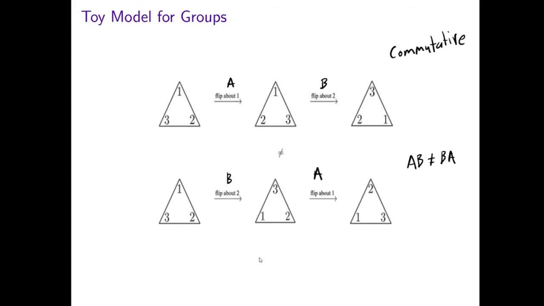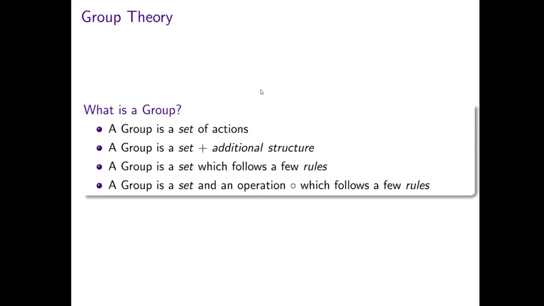This is just a toy model, but truth be told, group theory is a lot more abstract, and in fact it's a subfield of abstract algebra, an area of math that has been in existence for an order of 400 years. Then you may ask, what is a group, abstractly speaking?